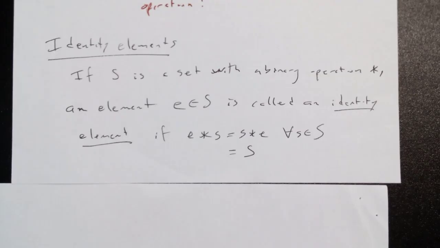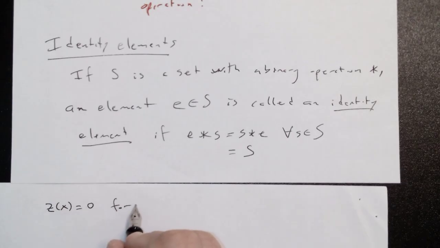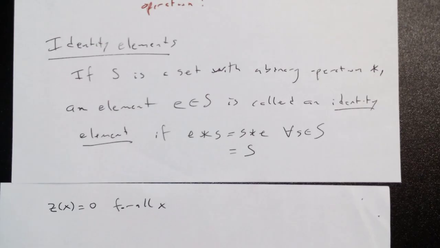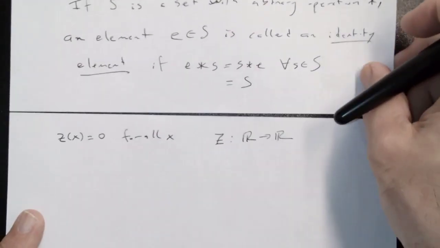Functions. Way back in algebra class, we took f of x plus g of x and defined a new function, f plus g. If I take the function whose output is equal to 0 everywhere, let's call it z of x, and z is a function from the real numbers to the real numbers, then I can think of that function as the identity in the universe of functions.